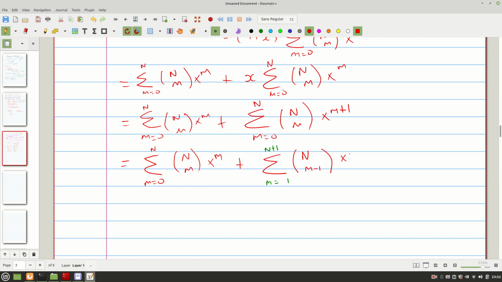x to the m. So this is actually like what we see here. This over here is actually the same as here. These two things are the same. And you can prove it to yourself by plugging in m equals 0: this will be 0 and this will be 1.